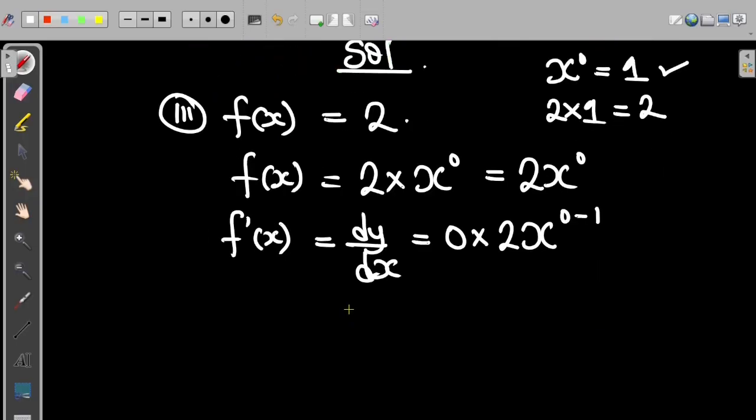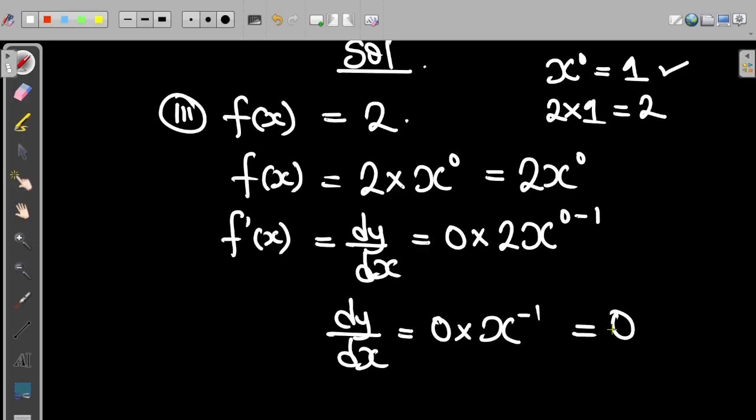So at this point, dy over dx will be equal to 0 times 2, which is 0, so we have 0 times x to the power of negative 1, and this is equal to 0. It follows that the derivative of a constant is equal to 0.